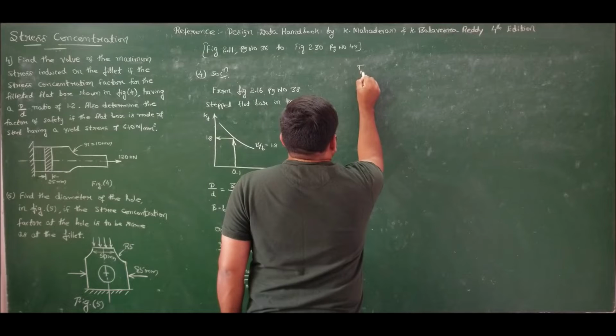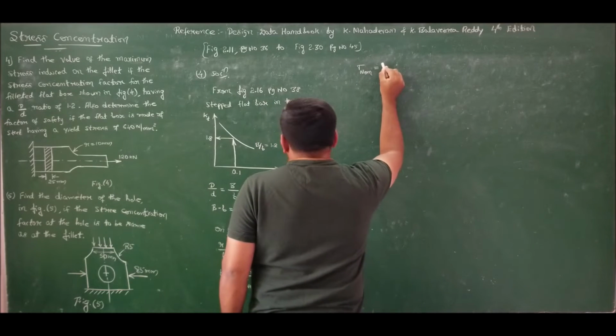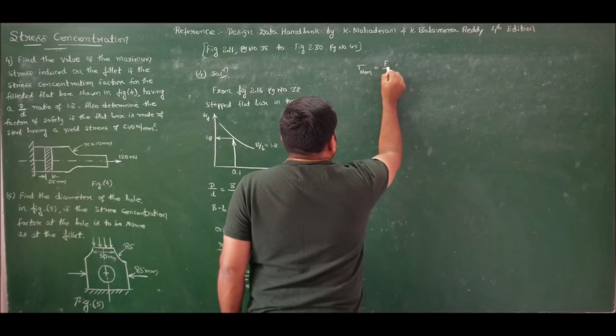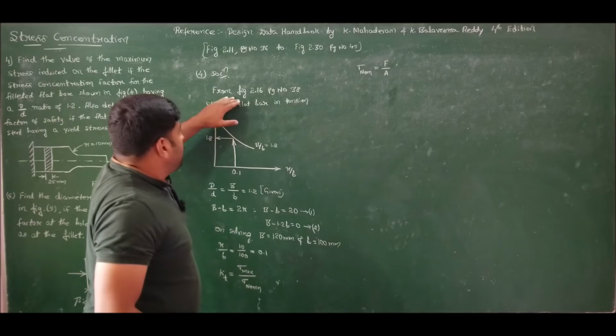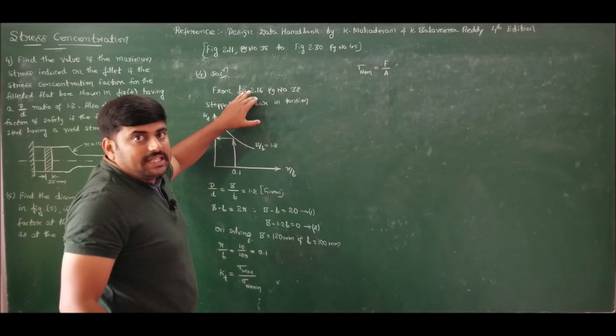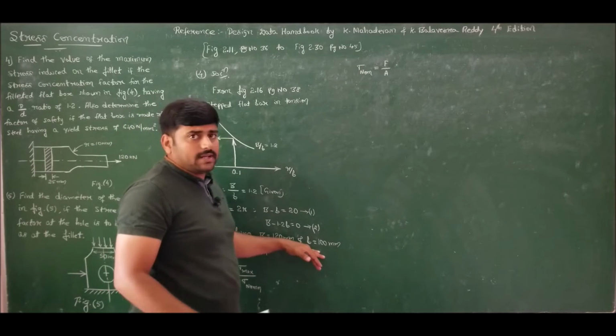Sigma nominal for tensile stress is given by load by area, that is F by A, whereas the area is given in figure 2.16 itself as t into b, thickness into small b. Small b is found to be 100 mm.